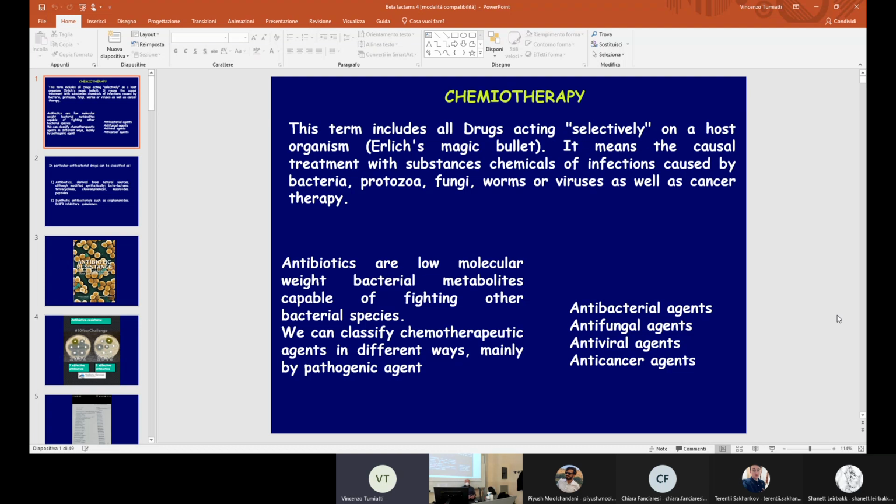We use a chemotherapeutic agent when we want to hit a host organism, an exogenous cells like bacteria, virus.